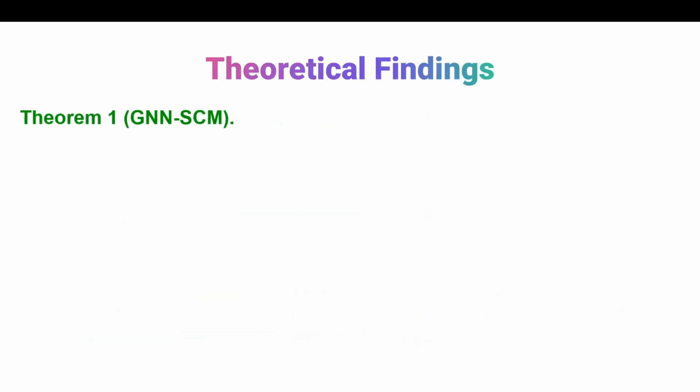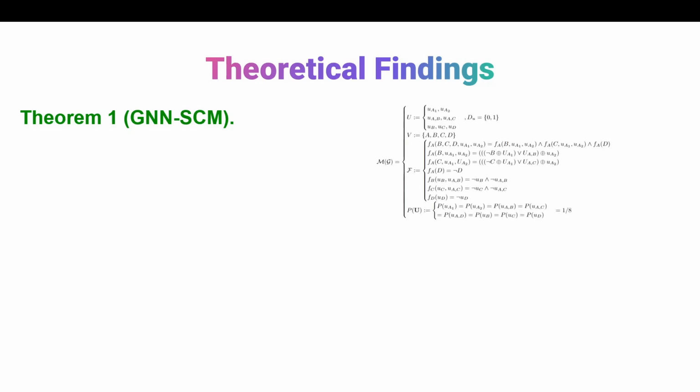So what did we find in this paper? The first theorem we came up with was GNN SCM, which is the true meaning of when we know the exact functions within a graph neural network. As you can see in the set F, for each node we can have a function that consists of the other nodes that have an effect on that node when we want to come up with the logical value.